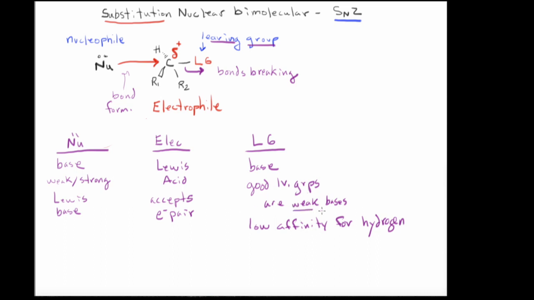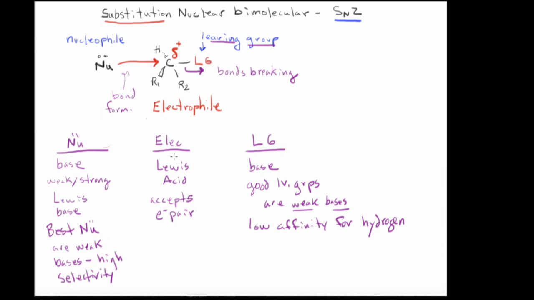Good leaving groups are weak bases. When we talk about nucleophiles, the best nucleophiles are also weak bases, and these guys have high selectivity for the electrophilic carbon, and a low affinity for hydrogen.